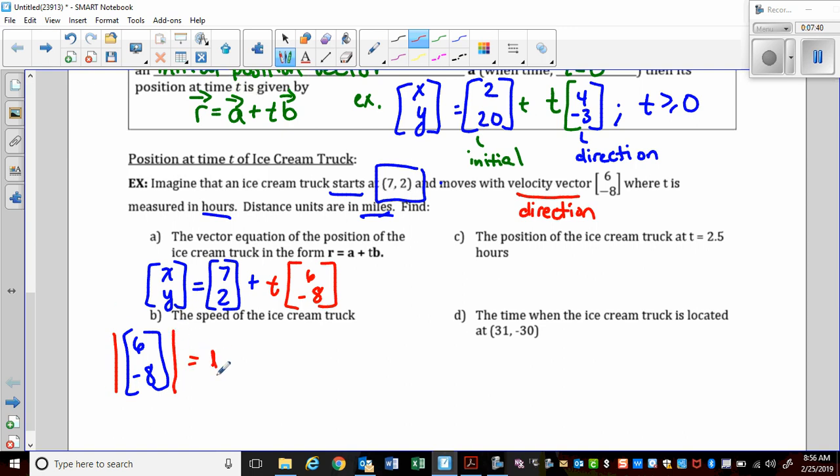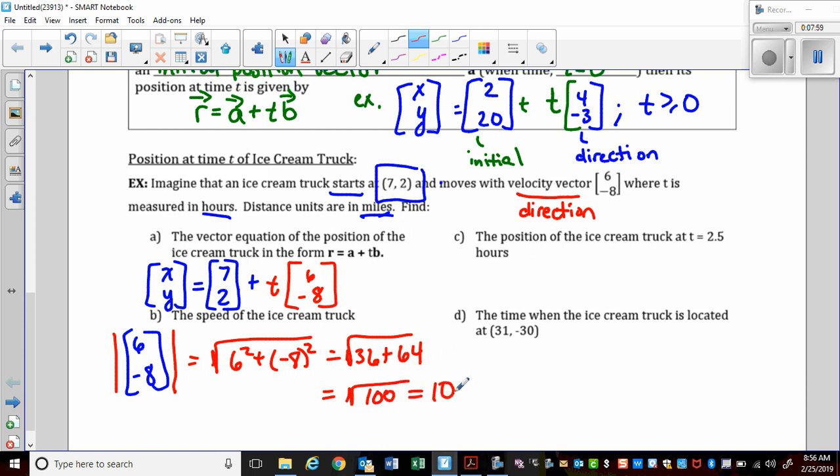So that is the square root of 6 squared plus -8 squared. 6 squared is 36. -8 squared is 64. I believe that is 100, which is nice. That's just 10. So 10 miles per hour. Remember, speed is a scalar, so we don't have a vector.